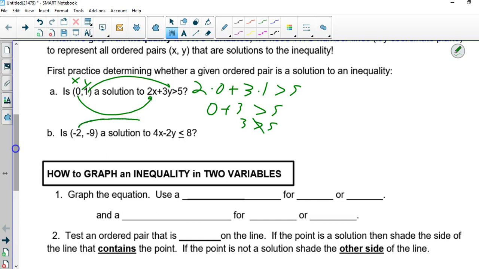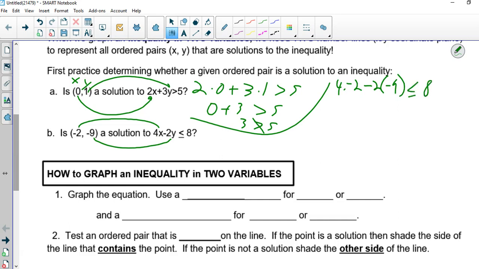How about this one? Negative 2, negative 9. So 4 times negative 2 minus 2 times negative 9 less than or equal to 8.